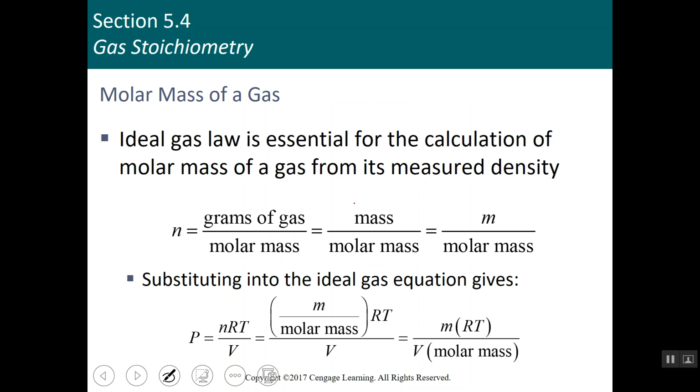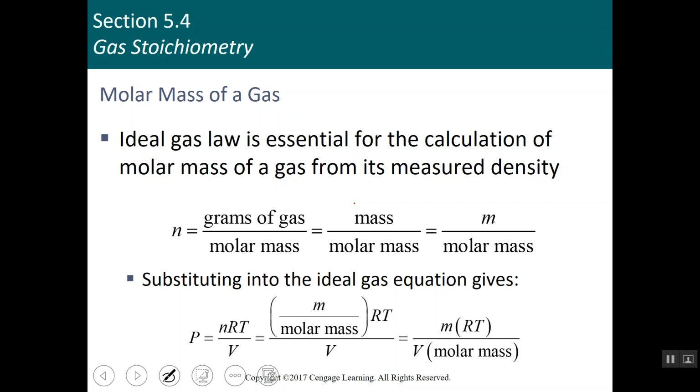Another thing we use stoichiometry for in the ideal gas law is to calculate the density of a gas, which we can then use to get the molar mass.